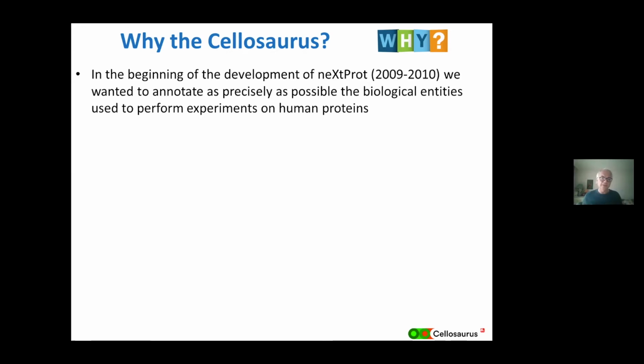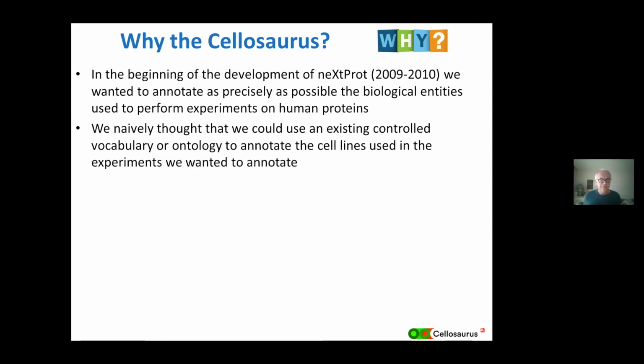In this knowledge base, we wanted to annotate as precisely as possible the biological entities used to perform experiments on human proteins. So of course we needed species, but this we could get through the NCBI taxonomy database. We needed information about tissues and organs. There are different ontologies on tissues and organs, and of course cell lines.